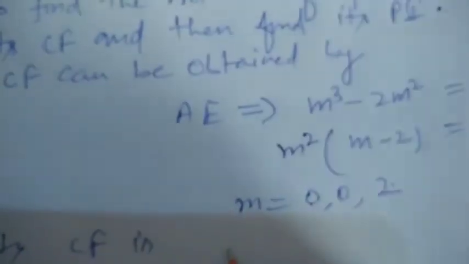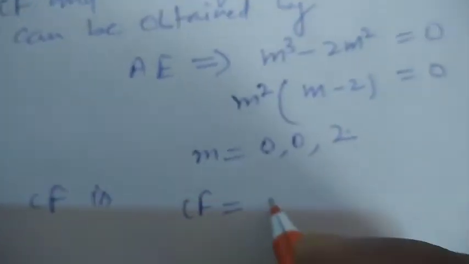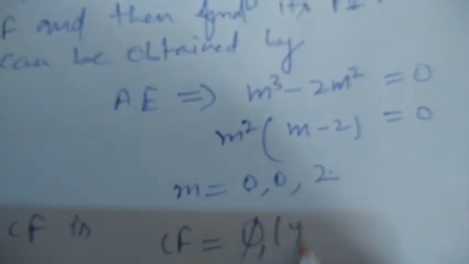So its CF is equal to phi 1(y plus 0x) plus x phi 2(y) plus phi 3(y plus 2x). This is equation number 2.